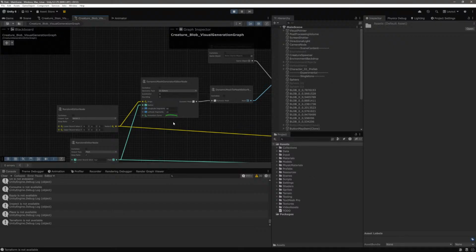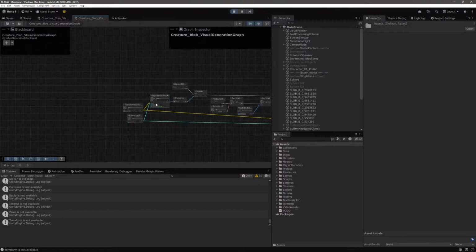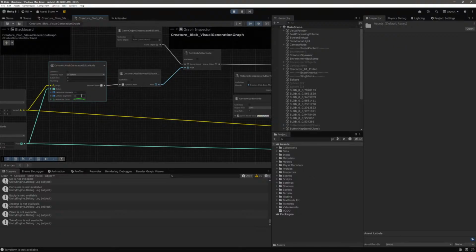A node that takes a set of rules, that's going to be hard. Yeah, I'm not entirely sure how we're going to do it, but we want to be able to procedurally create an animation curve. And we want to be able to do it with a node network like this.